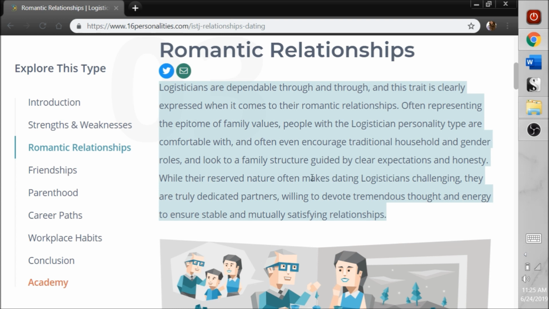While their reserved nature often makes dating logisticians challenging, they are truly dedicated partners, willing to devote tremendous thought and energy to ensure stable and mutually satisfying relationships. That is a whole lot of really important information to know about how your character navigates a romantic relationship.